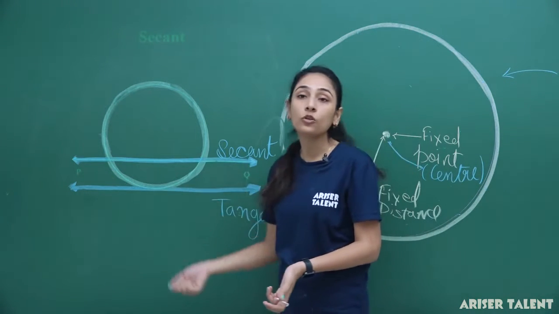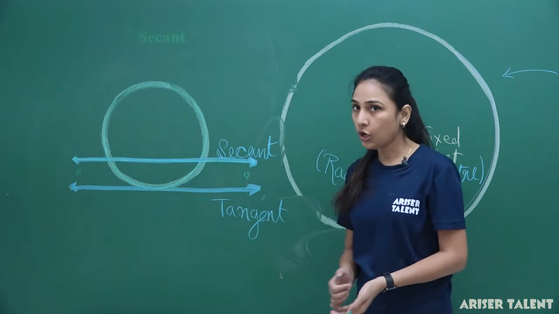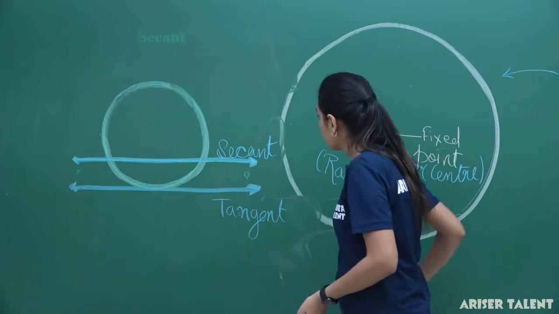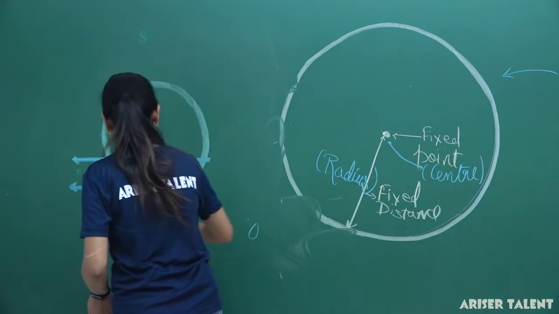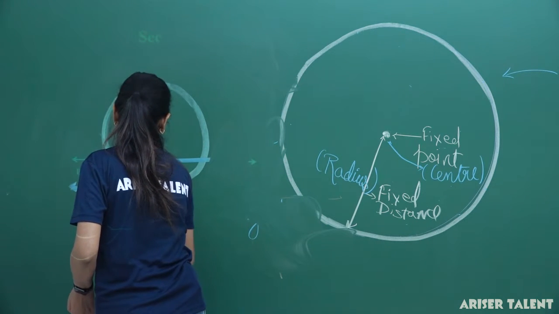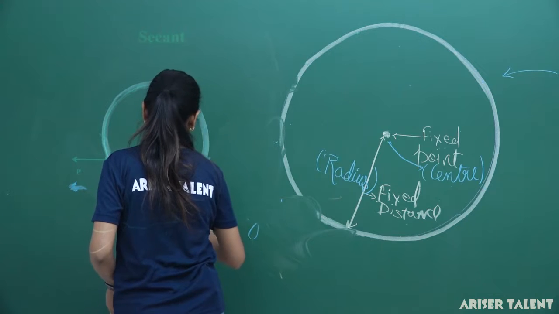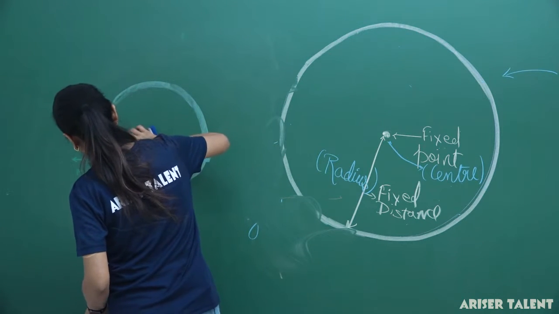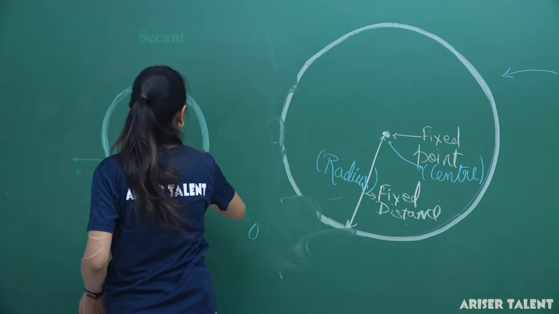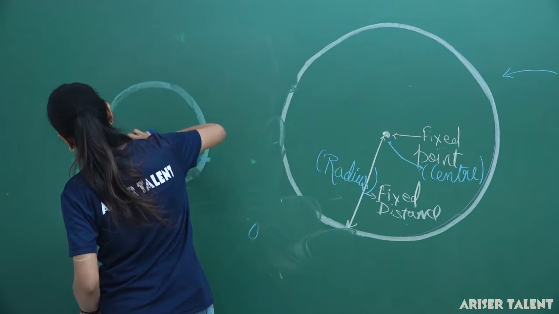If it's intersecting at two points, secant. Okay, simple. Okay then. Move towards the next thing.